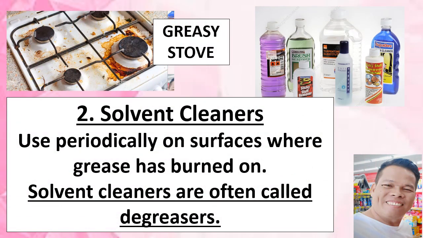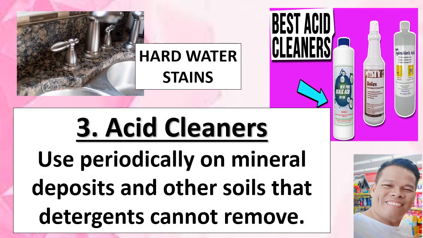Solvent cleaners, used periodically on surfaces where grease has burned on. Solvent cleaners are often called degreasers. Acid cleaners, used periodically on mineral deposits and other soils that detergent cannot remove.